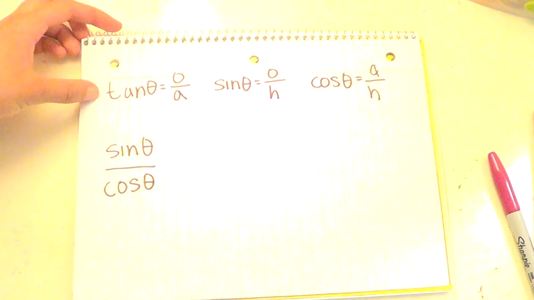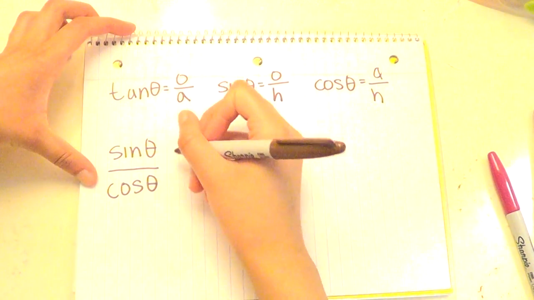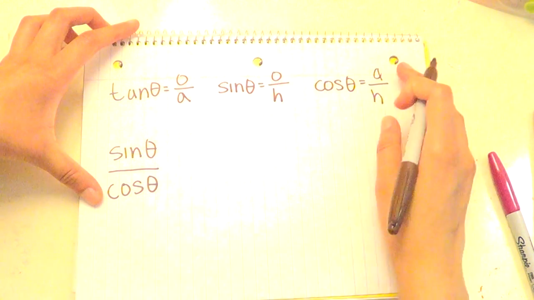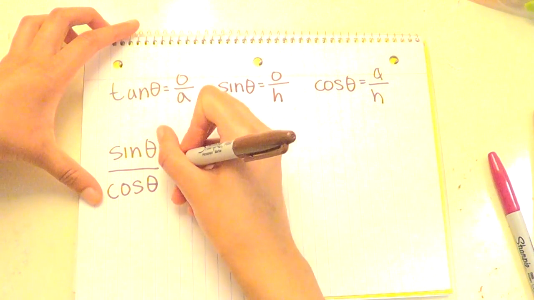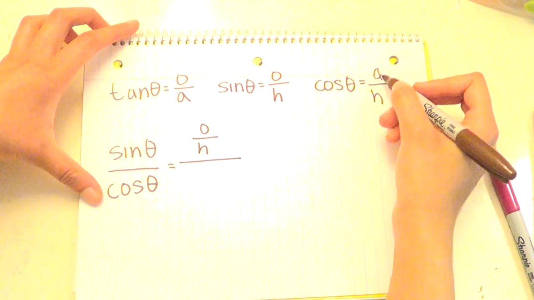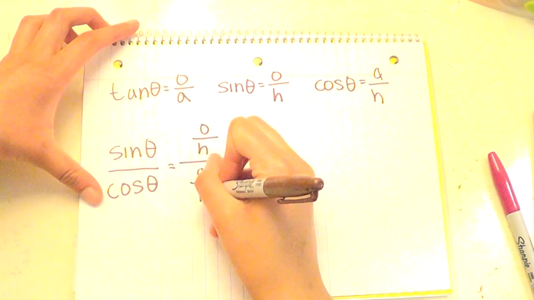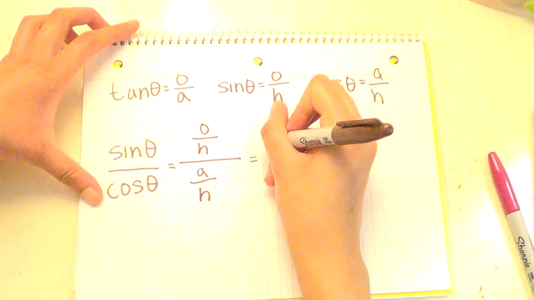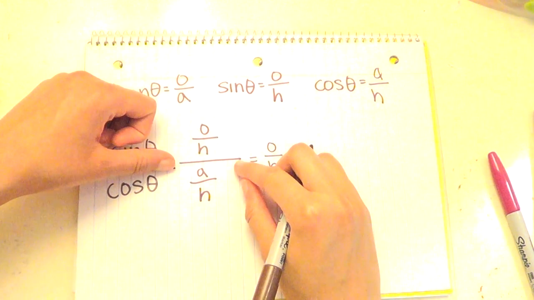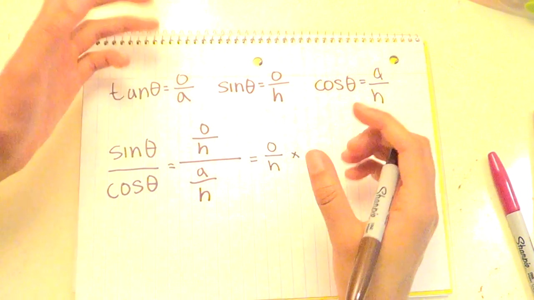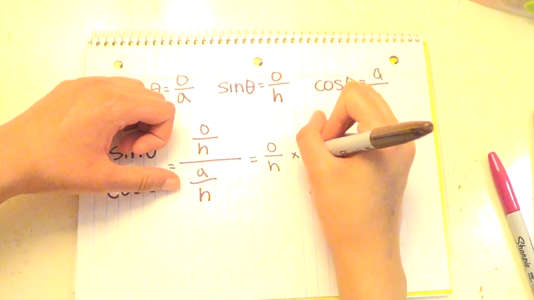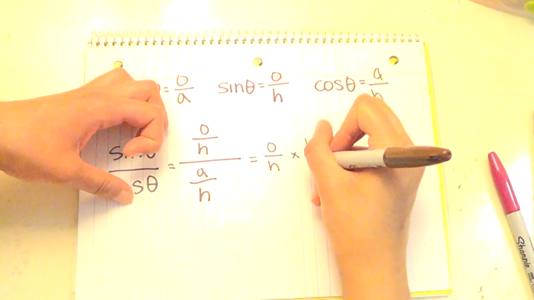and solve for tangent. And this is true because let's replace sine theta with opposite divided by hypotenuse and cosine theta with adjacent divided by hypotenuse. So you would have opposite over hypotenuse divided by adjacent over hypotenuse, which technically means opposite over hypotenuse times, because when you're dividing two fractions you flip the second and multiply, hypotenuse over adjacent.